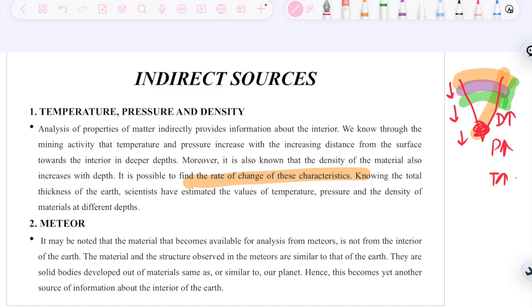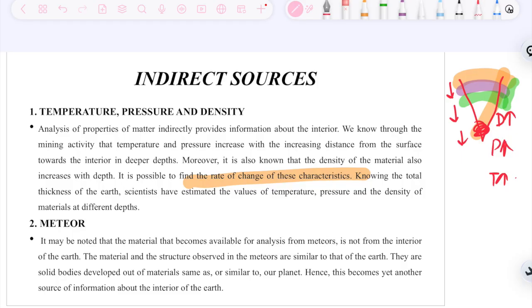So if any nebular part in the form of a meteor falls on Earth, we can study the remnant core of that meteor, and we can make an analogy that if the core of this meteor is like this, the Earth can also have a similar core because they are formed from the same nebula. That is how we can understand certain information from meteors.